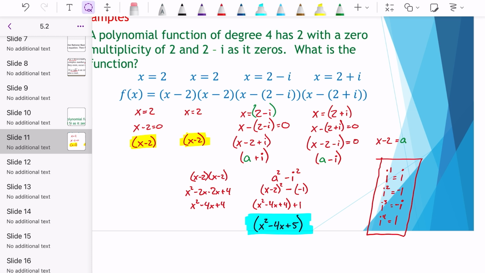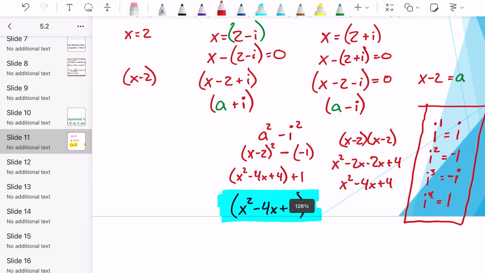This x minus 2 that we did earlier, keep in mind, was a part of this right-hand side when we were replacing a with our x minus 2 and squaring it.